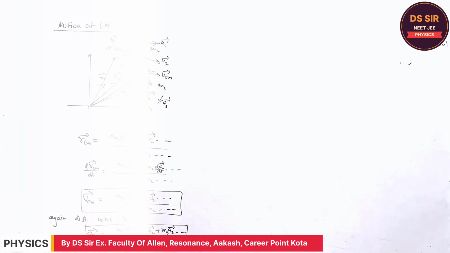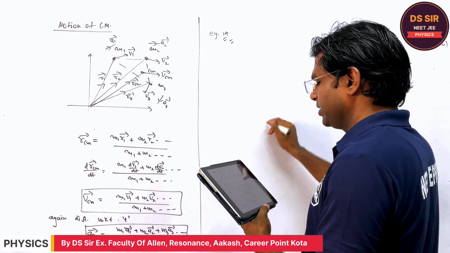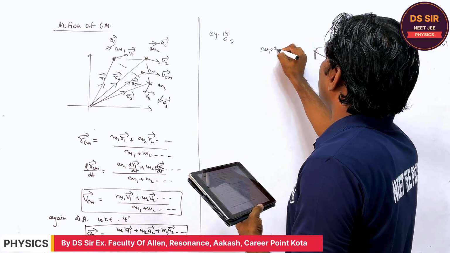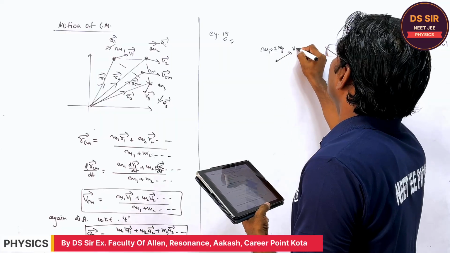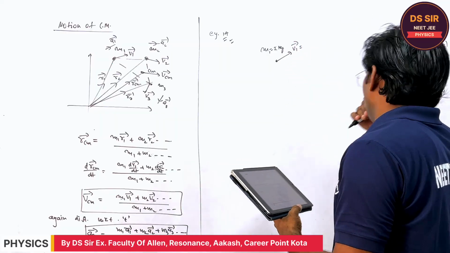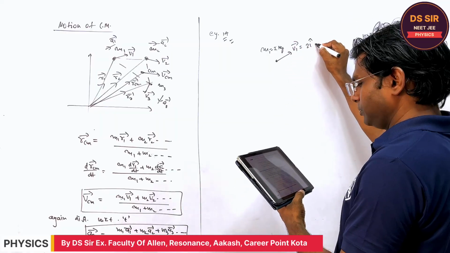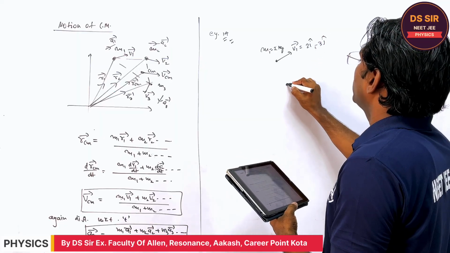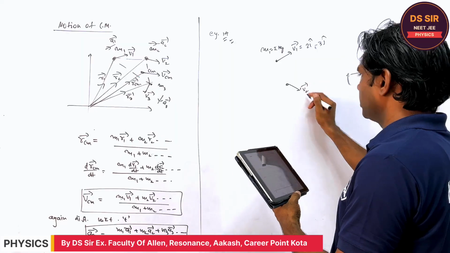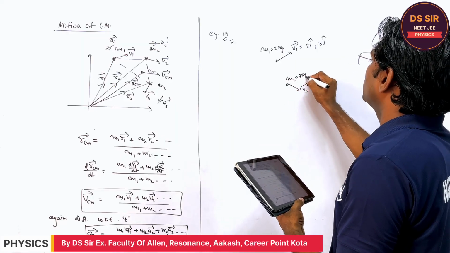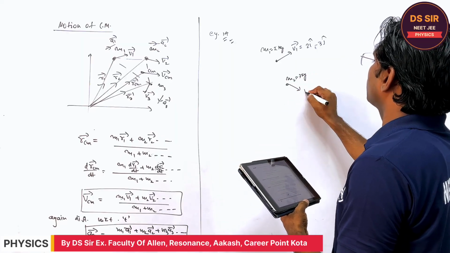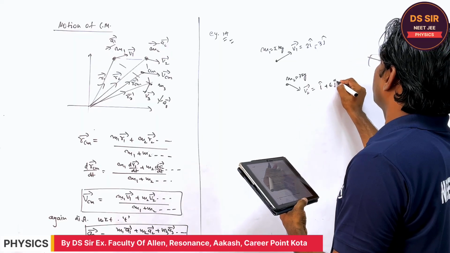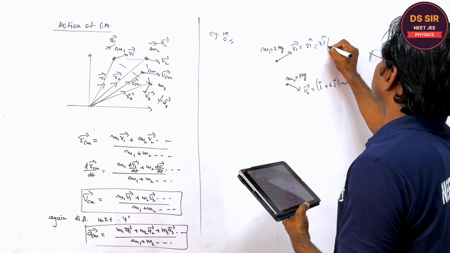Copy this. So in this question, what they have given: suppose the mass m1 is 2 kg and it is moving with the velocity v1 vector = 2i cap minus 3j cap. The other particle m2 is 3 kg and its velocity vector v2 is i cap plus 6j cap, in meter per second.